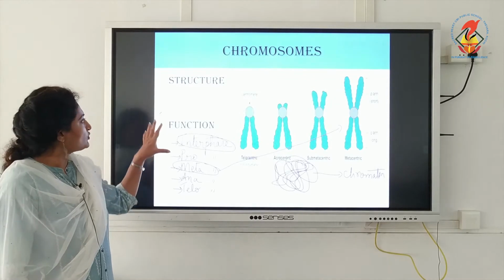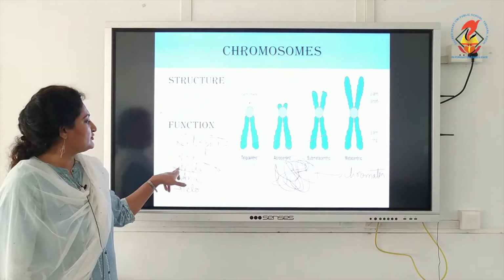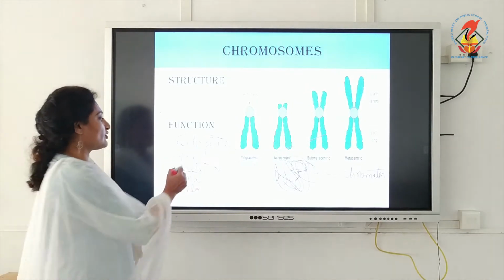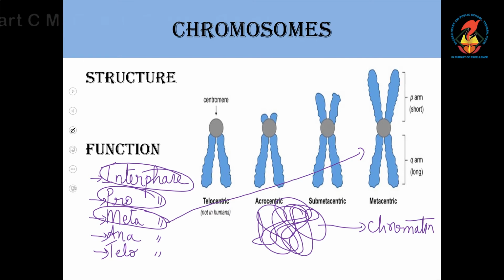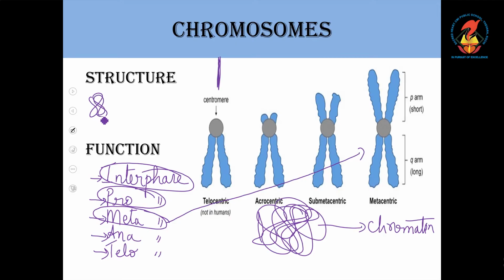Now, to explain the different types of chromosomes, I have to give the diagram in context to metaphase and the description in context to prophase. In prophase, it is just rod shaped. So we have to remember that when the chromosome is in the interphase, it is an entangled network.